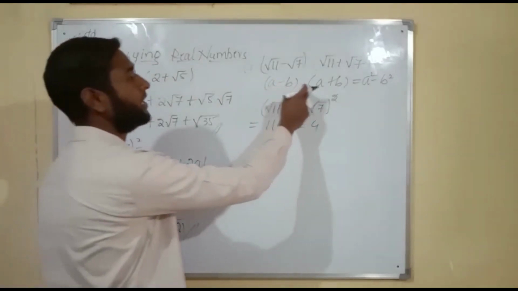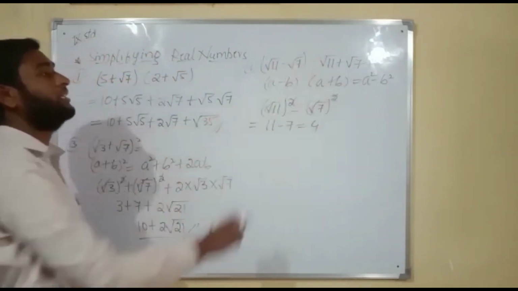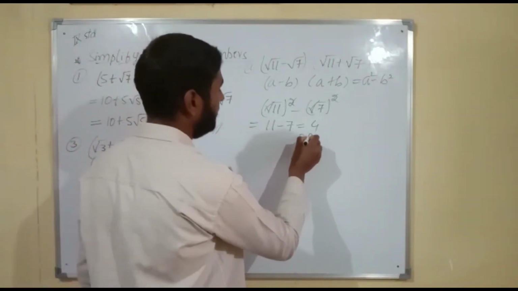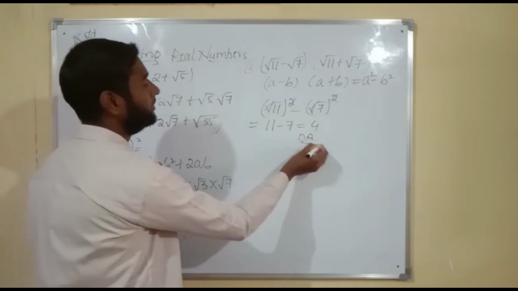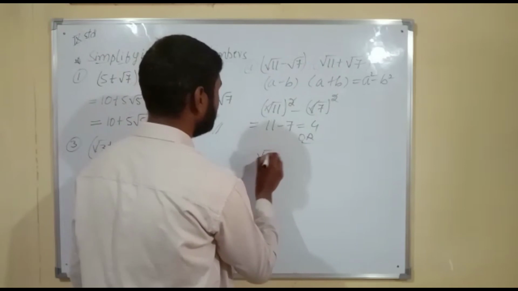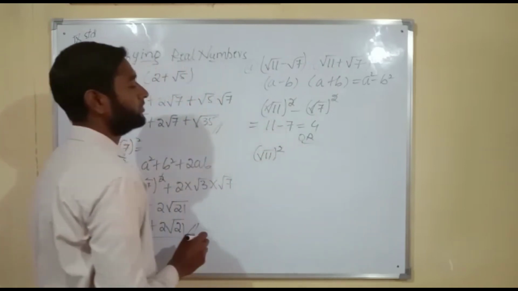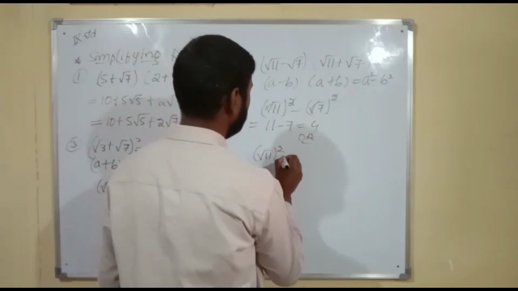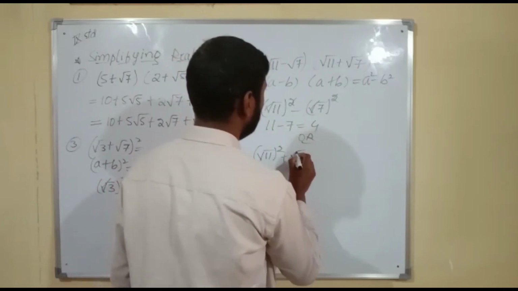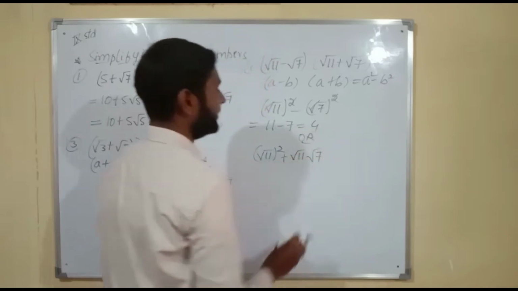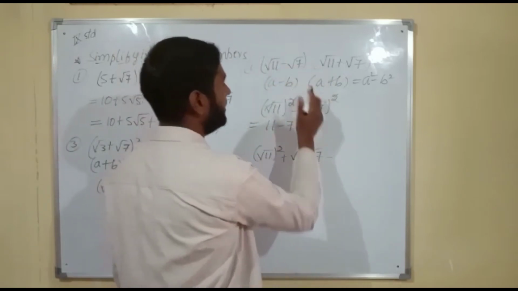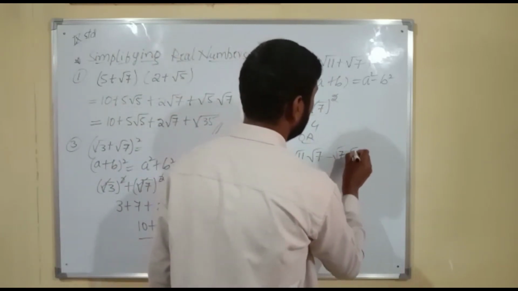Or if you don't know the standard identity, you can go for the general multiplication of this. For the general multiplication, root 11 into root 11 is root 11 whole square. Root 11 into plus root 7. Next, minus into plus is minus root 7 into root 11.